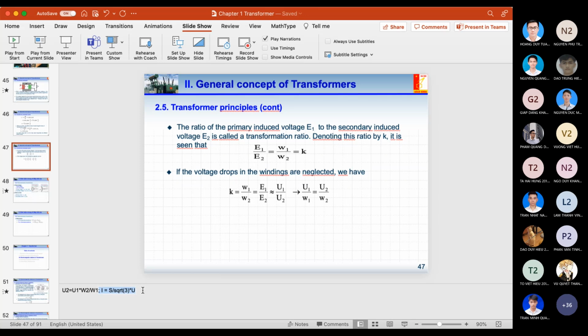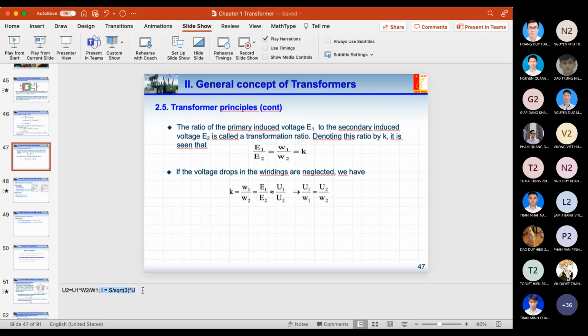And of course for the output voltage, we are using electricity like 380 volt for three-phase voltage, or for a single phase the phase voltage of 220 volt.